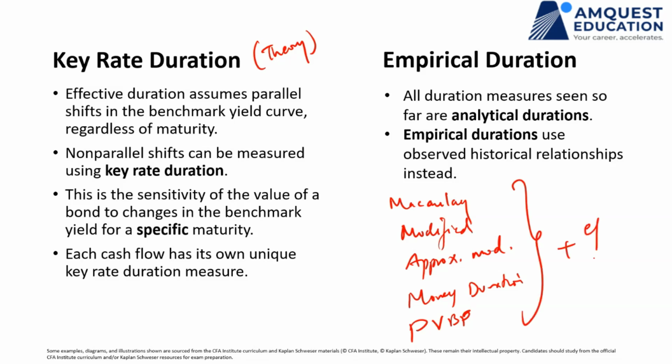This plus today's effective duration, all of these have numericals. So there's a possibility you could be tested on math and theory on these durations, but key rate is only a theoretical concept. And we also did portfolio duration yesterday.